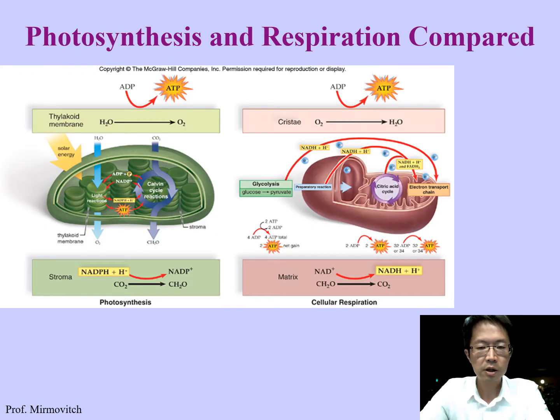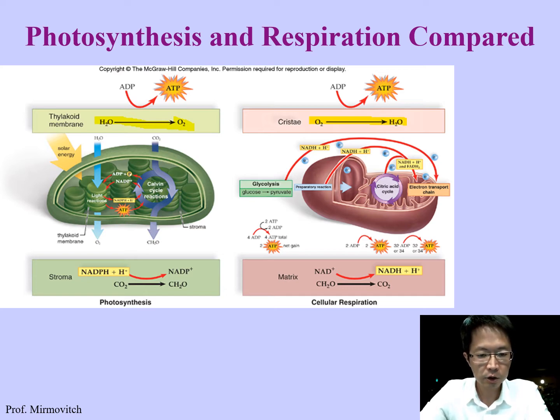So this is the summary of photosynthesis and respiration compared. You can see that they are exactly opposite. The thylakoid takes water and splits the water to form oxygen. The cristae take the oxygen combined with hydrogen ion to form water.